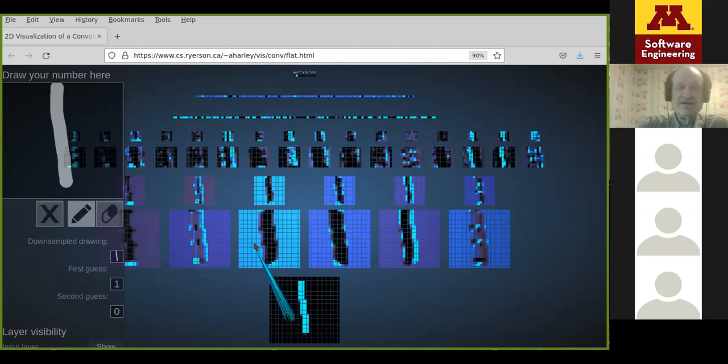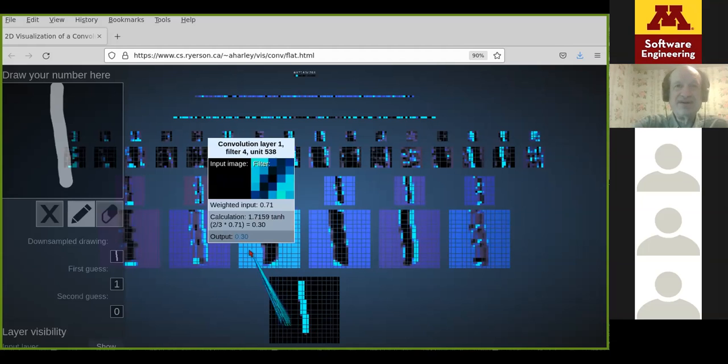So convolution means that each unit or pixel in this layer comes from only a small window in the layer below it. And the coefficients are common to all of these combinations. So you're actually running a sort of convolution of a kernel across this with some set of weights. And if I click here, you can actually see the values.